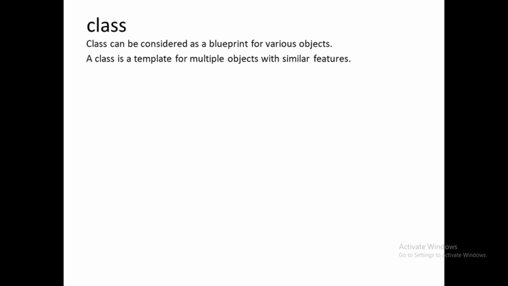A class is a template for multiple objects with similar features. See, this line is very important. A class is a template for multiple objects with similar features. It describes a group of objects with similar attributes and common behaviors.